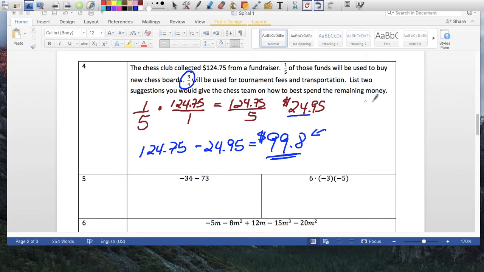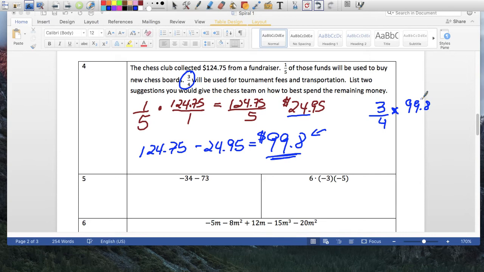So 3/4, and again, you can take the same idea. 3/4 times $99.80. I'm just going to put a little X in here, although I hate putting that because I don't want you to confuse it with a variable. Just so that you don't think it's a decimal, it's literally multiplication.